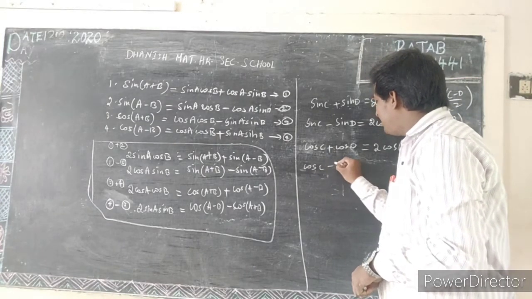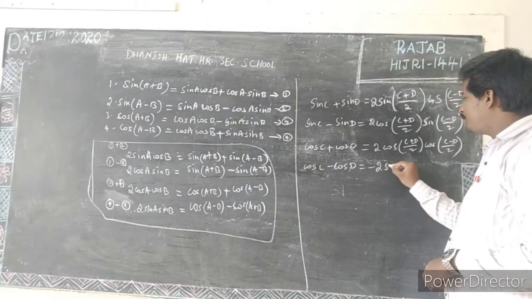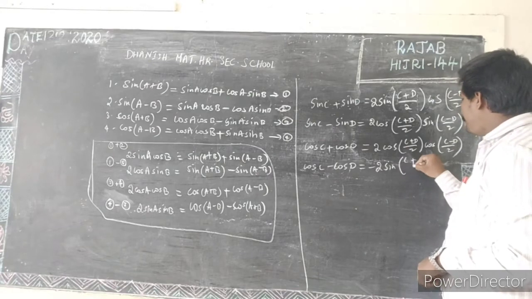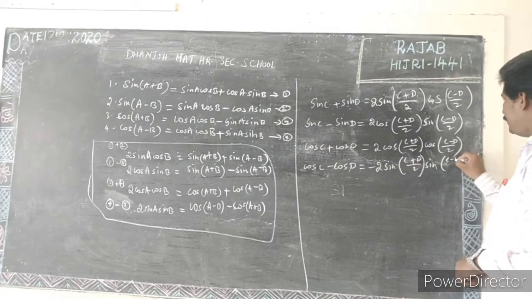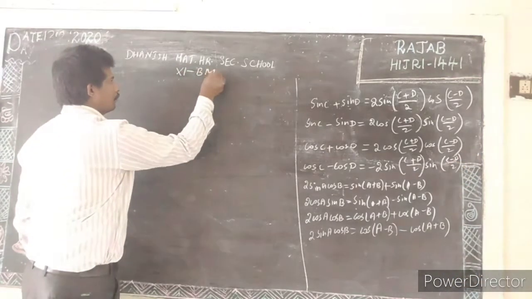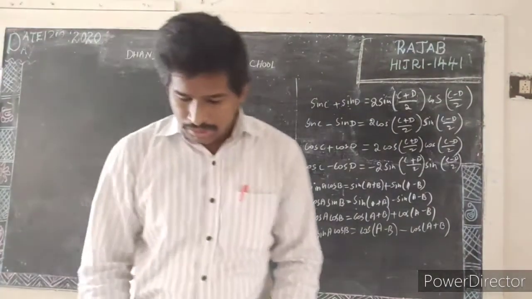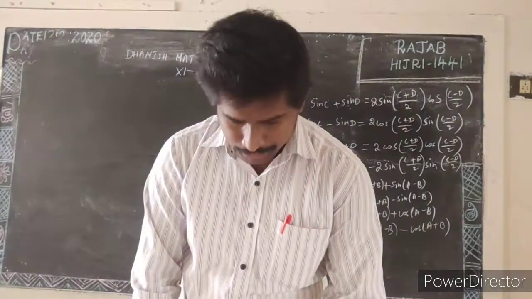Cos C minus cos D equal to minus 2 sin of C plus D by 2 into sin of C minus D by 2. Now look at the exercise 4.3. First problem.